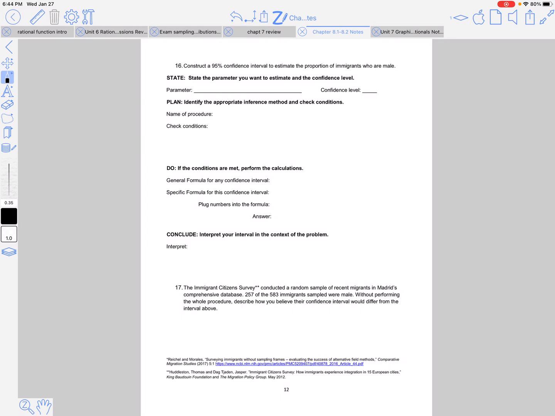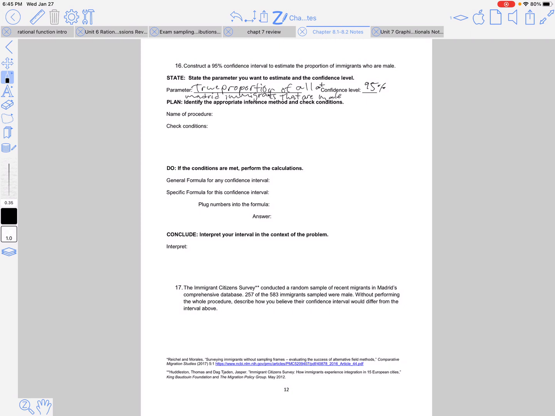So you're just going to state the parameter you want to estimate and the confidence level. You're going to say, I want to find the true proportion of all immigrants that are male, at a 95% confidence level.